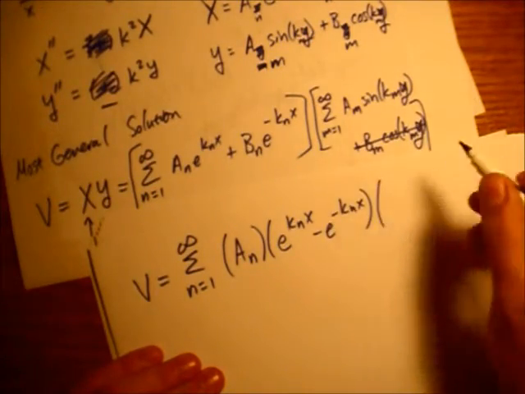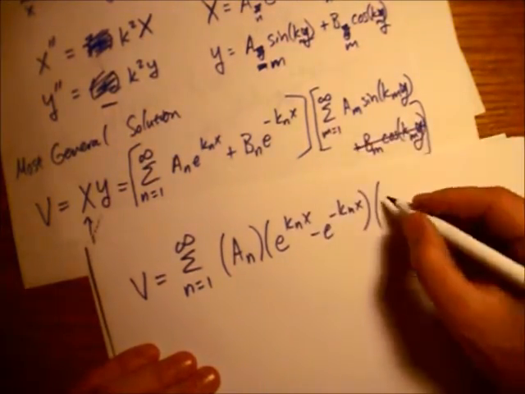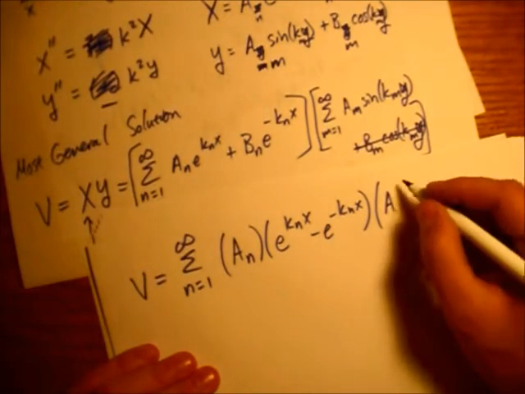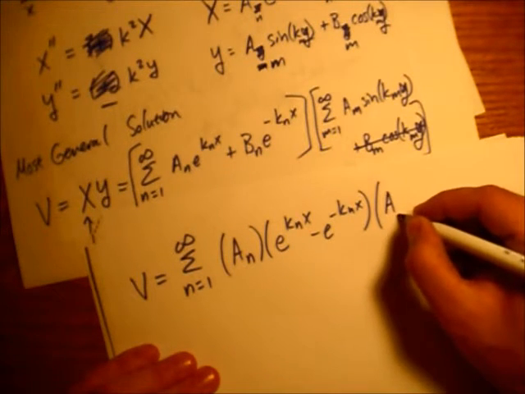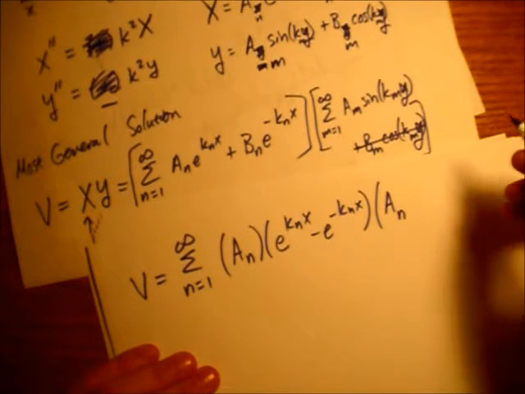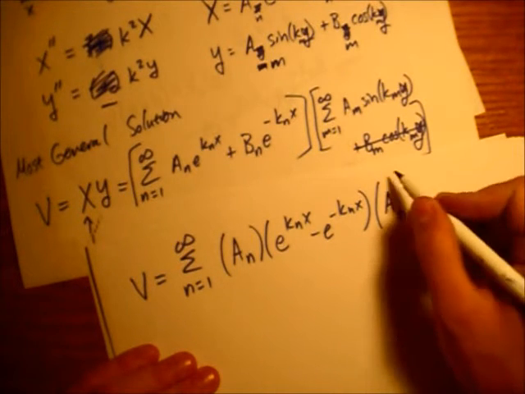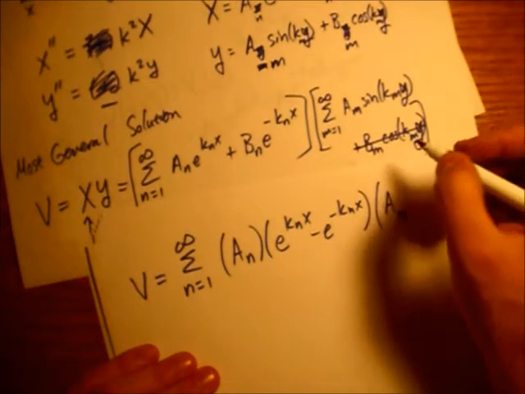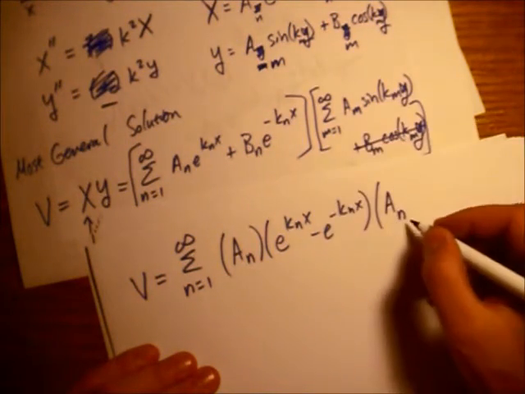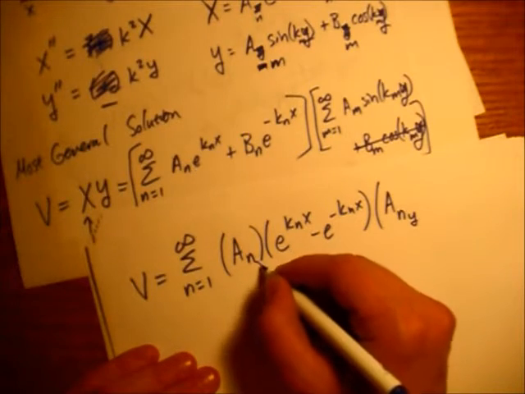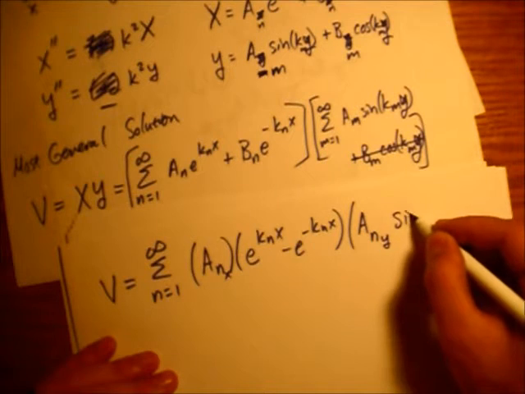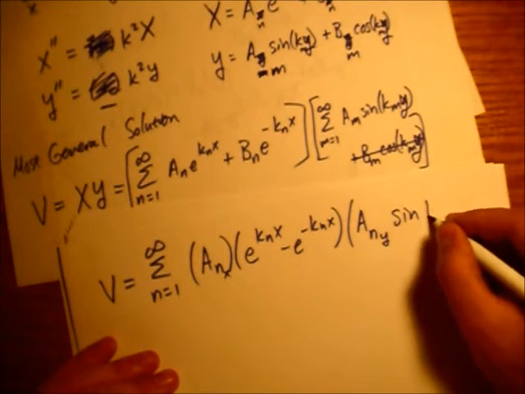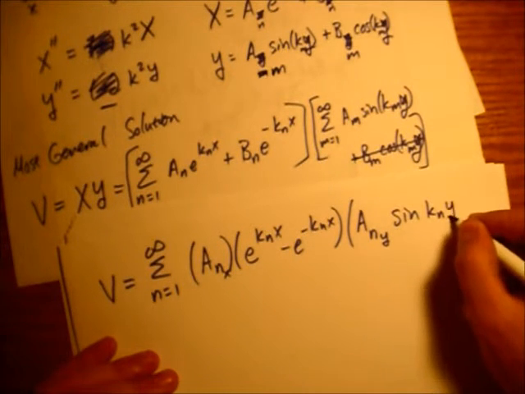Okay, so now looking at our second piece right here, we had this a sub m, which I'm going to write as an a sub n y, and this is an a sub n x. And then we had a sine of k sub n y.